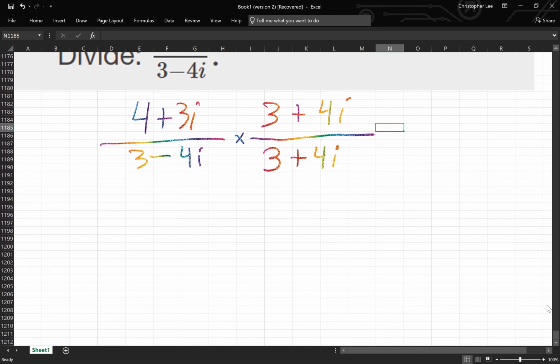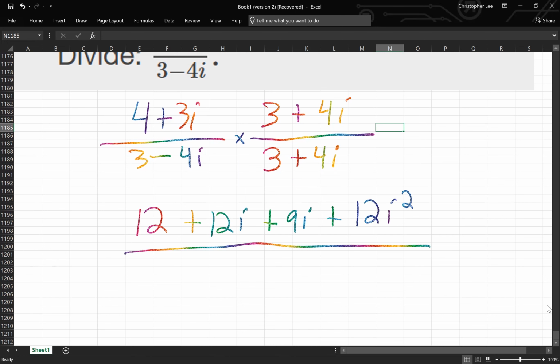So the top is going to be what? This is going to be 12 plus 12i plus 9i, and the end of it is 12i squared. And then for the bottom, we already know that trick. This is 3 squared plus 4 squared.